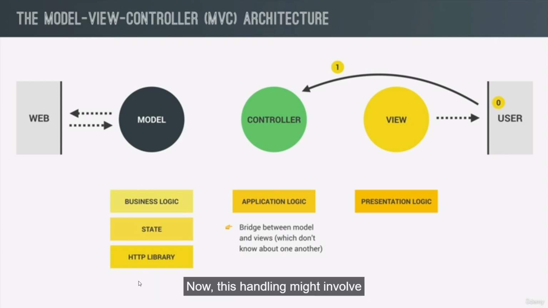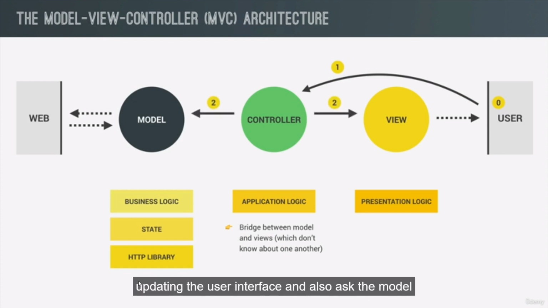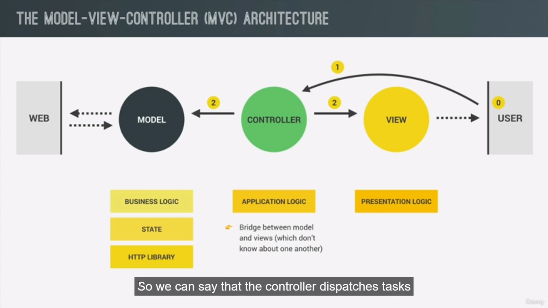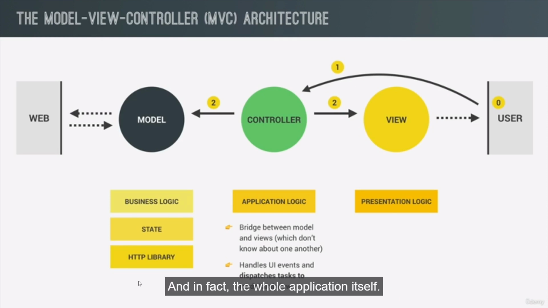Now, this handling might involve updating the user interface and also ask the model for some data. So we can say that the controller dispatches tasks to model and to the view. Or in other words, it controls and orchestrates this entire action, and in fact, the whole application itself.